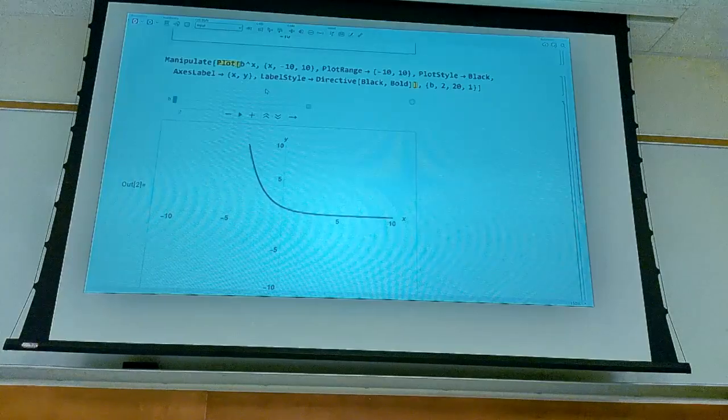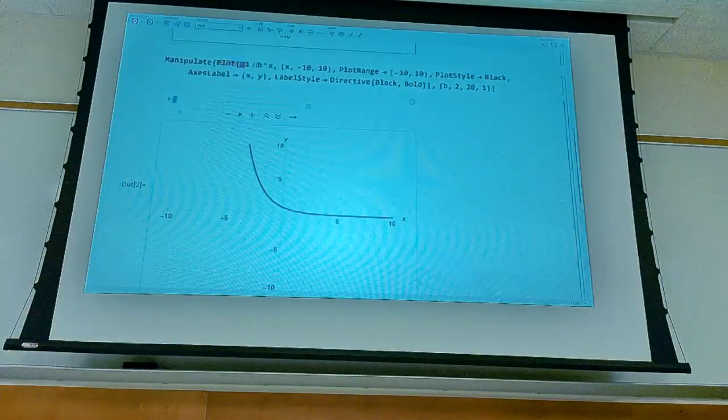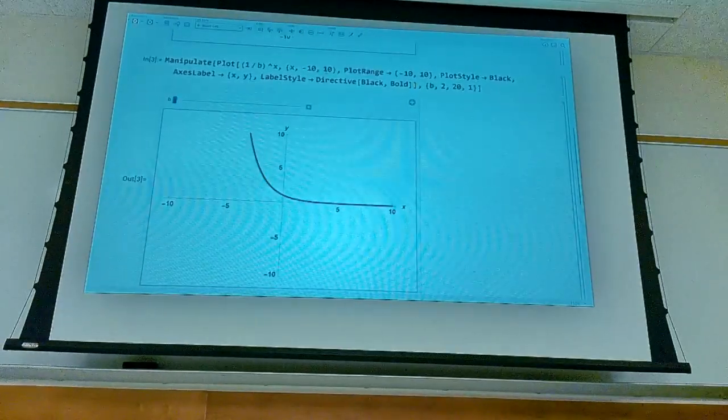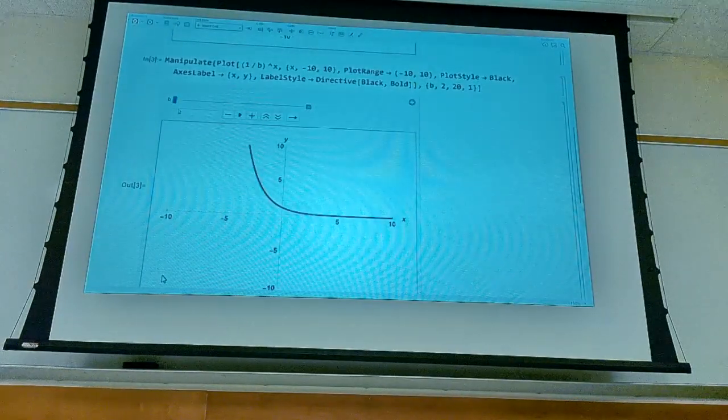Writing it as 1 over b to the x probably would have worked too. It's still going to do the same thing I want it to do.